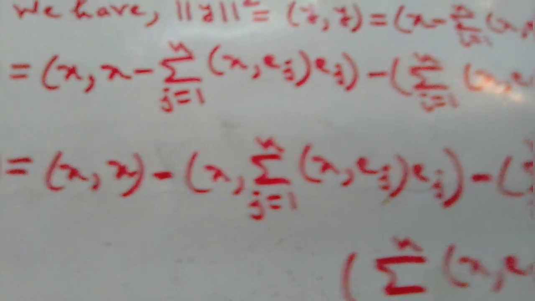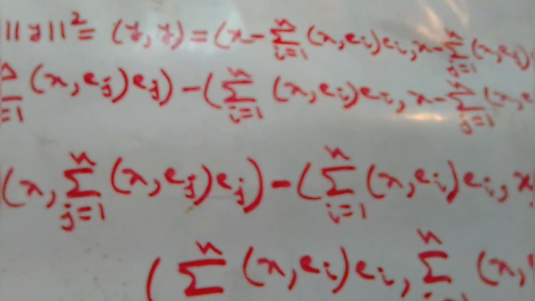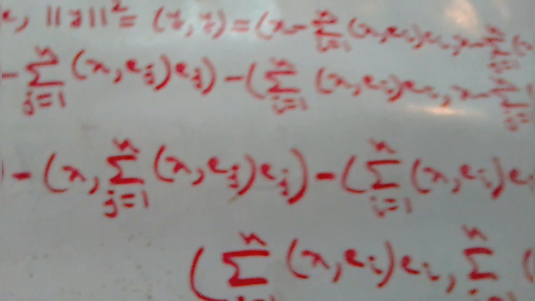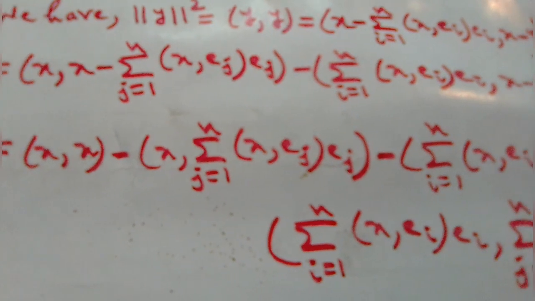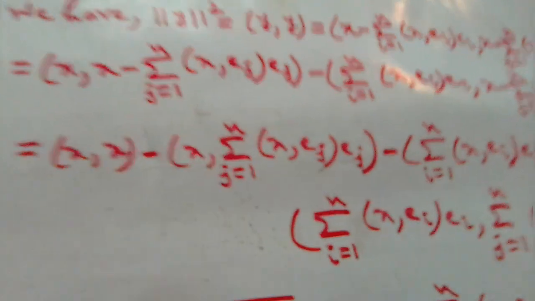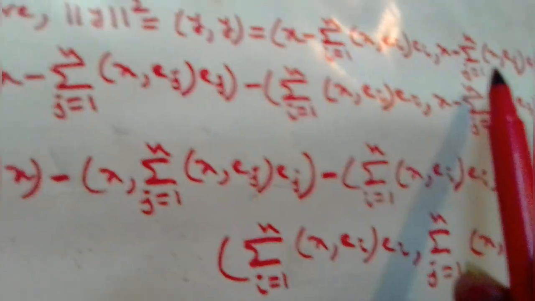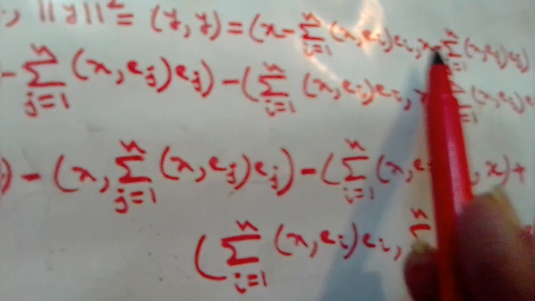Now, using the property of linearity, we write x minus the sum for j from 1 to n of x dot ej, dot ej. That means x dot this total expression, minus this expression dot this total expression.